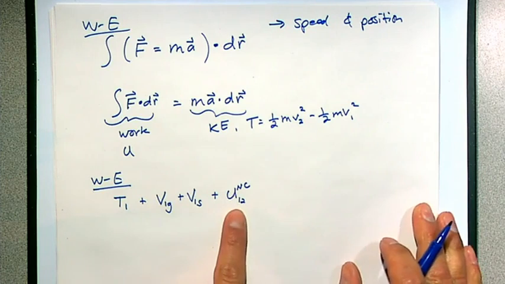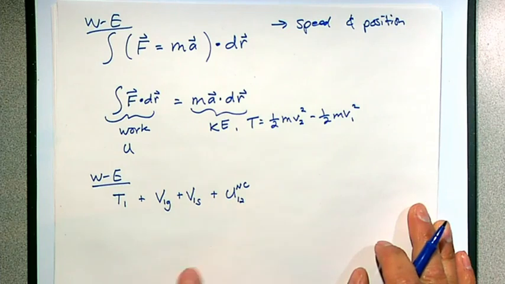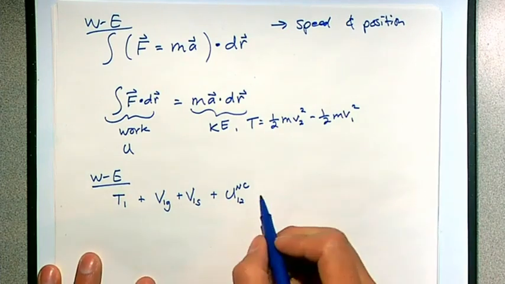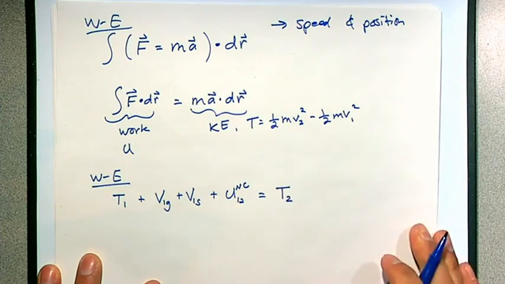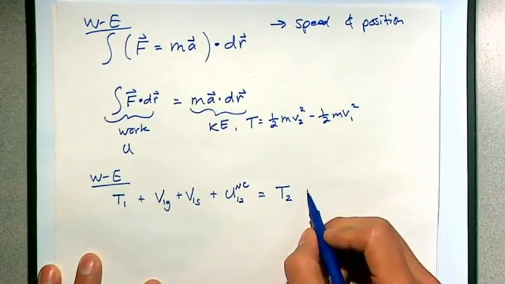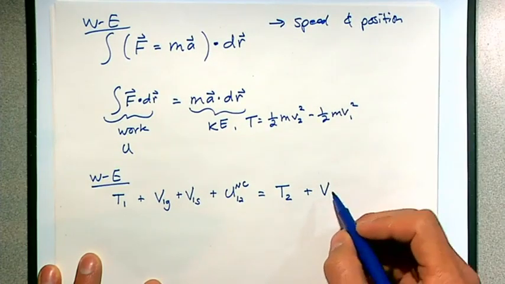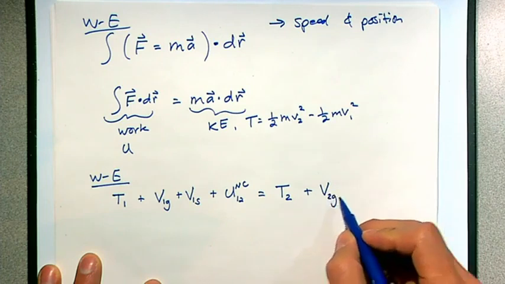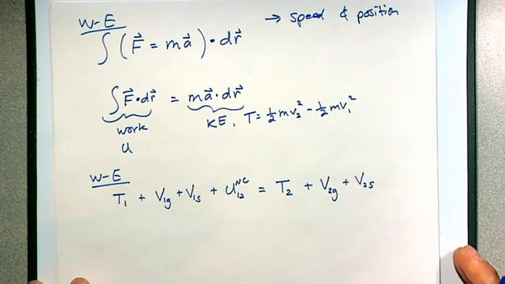For us, this was typically friction, energy we lost from dragging a box along, or maybe we had an external push or pull force that we needed to account for. This was equal to kinetic energy at state 2, half m v2 squared, plus our potentials at state 2. So if we had gravity to deal with, or if we had spring potential to deal with.